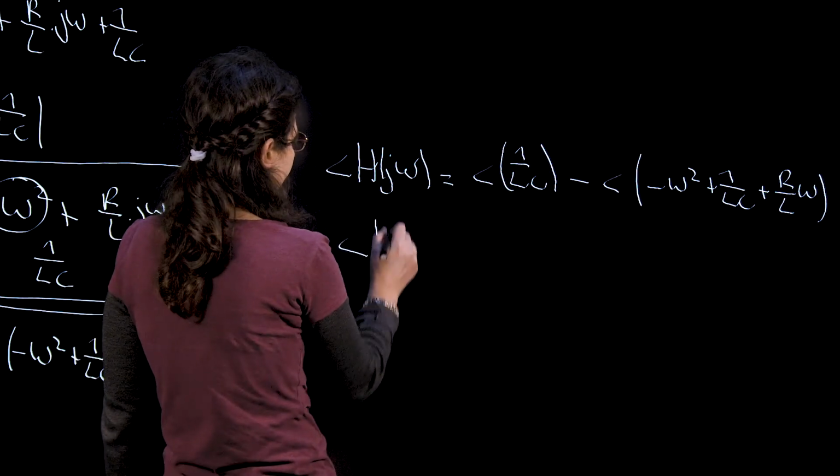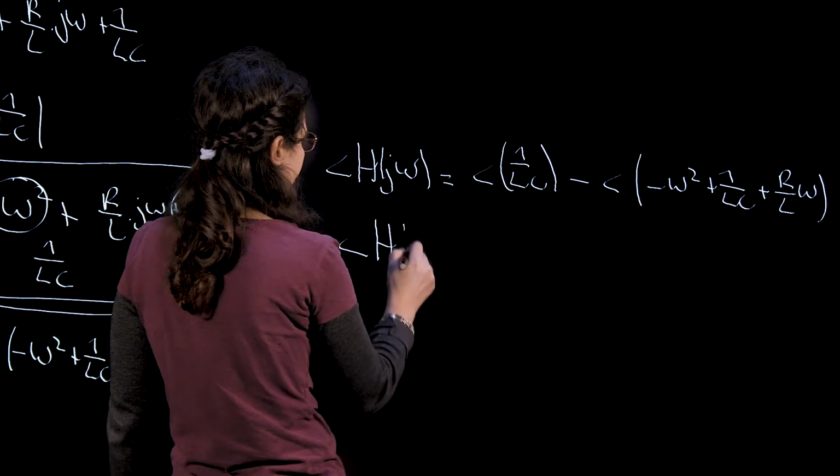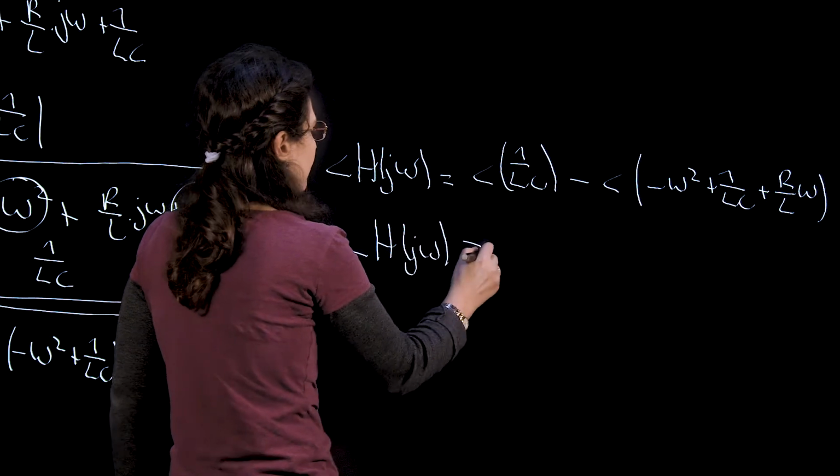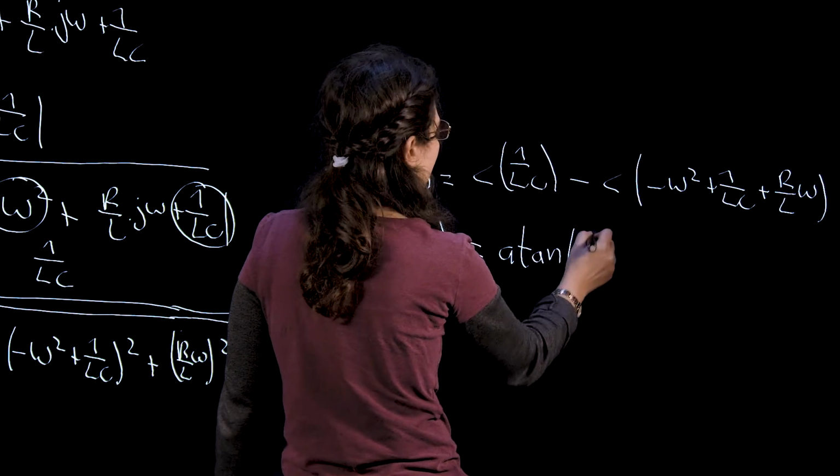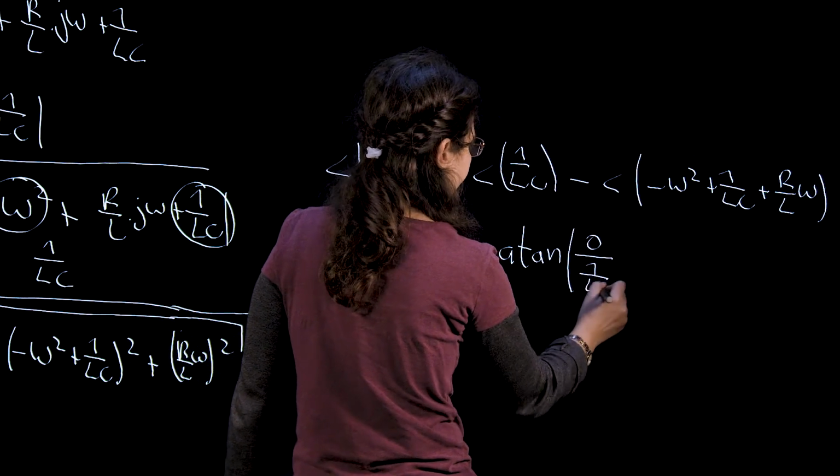So the phase is the inverse tangent of the imaginary part over the real part.